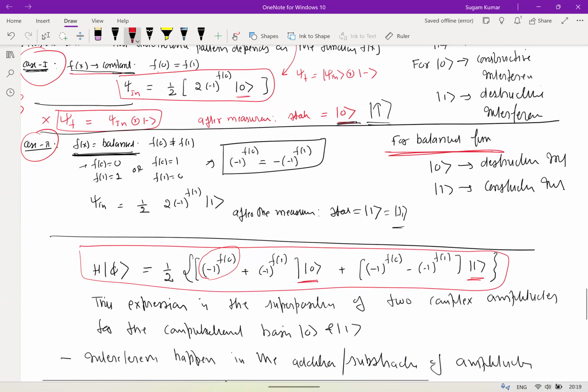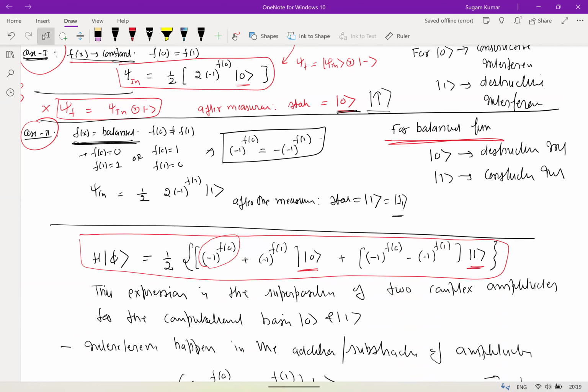This interference is not directly visible, but you can see it in the amplitude. Of course, when you find the probability, this phase factor will not be there. So it is visible in the addition or subtraction of the phases, which is going to weigh the probability.